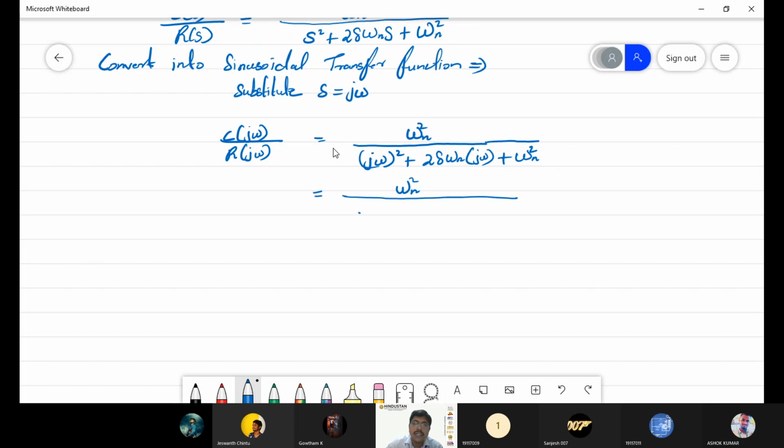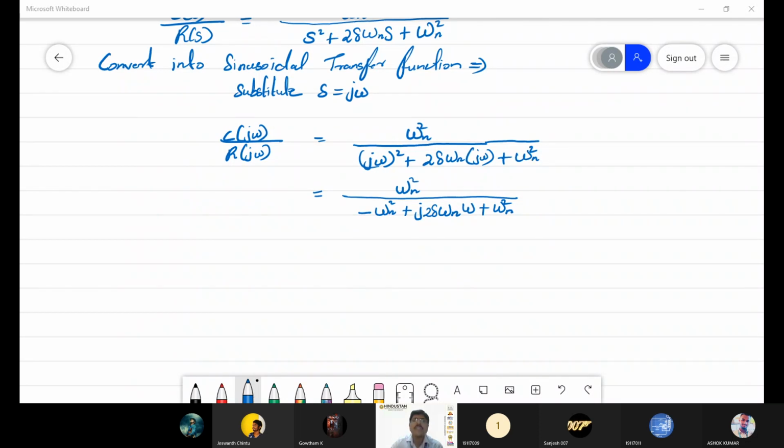Therefore we can write it as minus omega square plus j into 2 delta omega n multiplied by omega, just I took j outside, plus omega n square. I hope you understood, right? Just expand j omega square, that is equal to minus omega square, that's all.